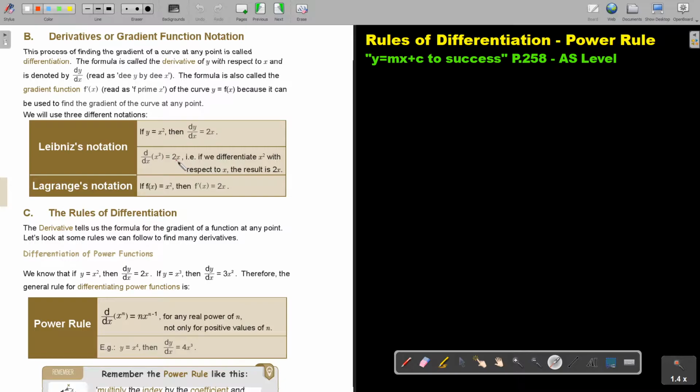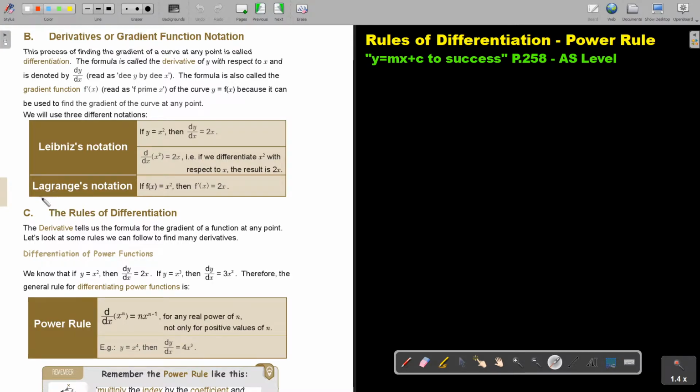Okay, so in this one, you can see the original formula or equation, or part of it, that value of y again. If we differentiate x squared with respect to x, the result is 2x. That's a nice way of taking that part and describing it.